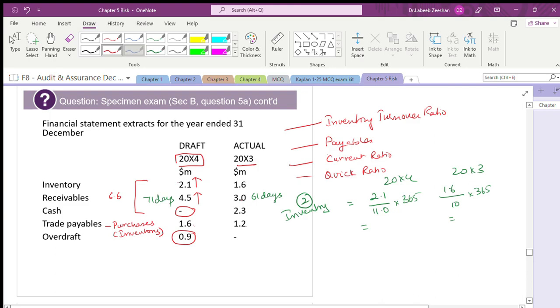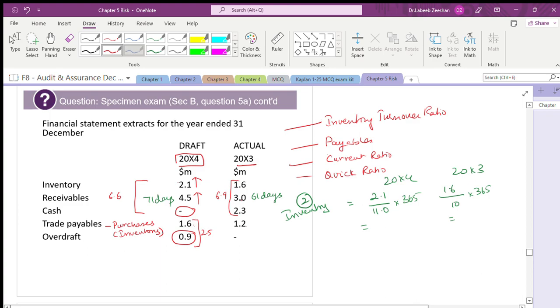And here 6.9. Current liabilities are how much? 2.5, and here it is 1.2.